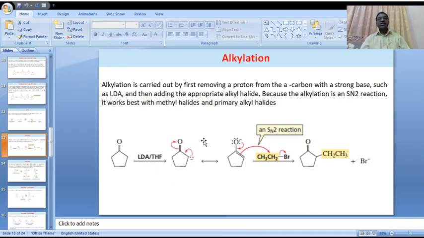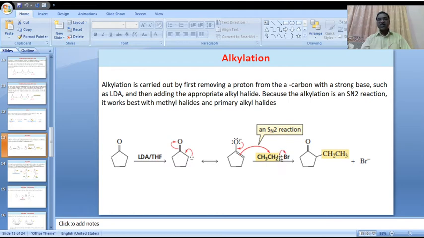Okay, and then after formation of this negatively charged oxygen, we add the appropriate, suitable alkyl halide. Here ethyl bromide. Generally the methyl halide undergoes this reaction very fast, otherwise we can use any primary alkyl halide. Any primary alkyl halide undergoes this reaction.